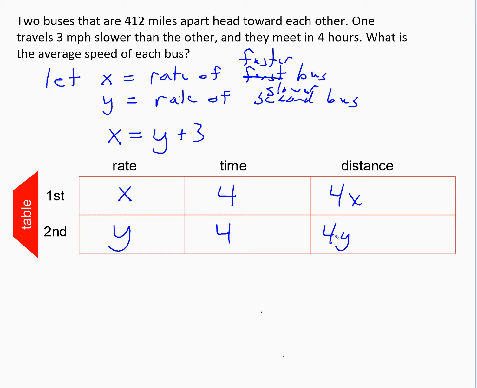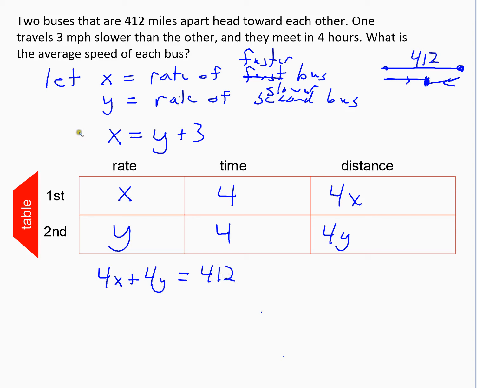And we know, so they're in two different places. They're 412 miles apart, and they're heading towards each other. And so when they meet, their total distance added together will be 412. So we can make an equation out of that. So we can say 4x, the distance of the first one, plus 4y, the distance of the second one, is equal to 412.